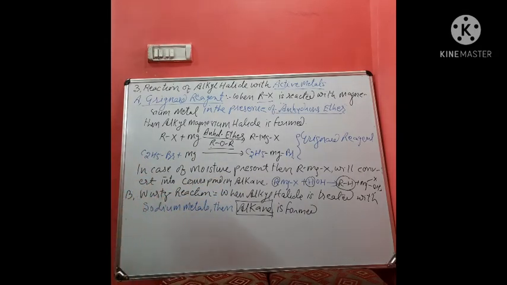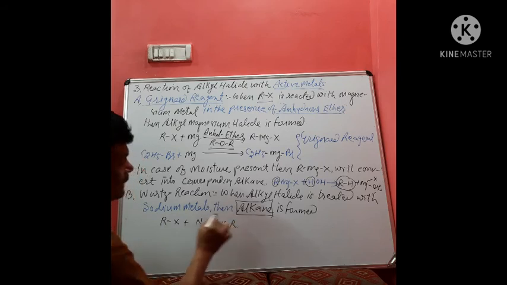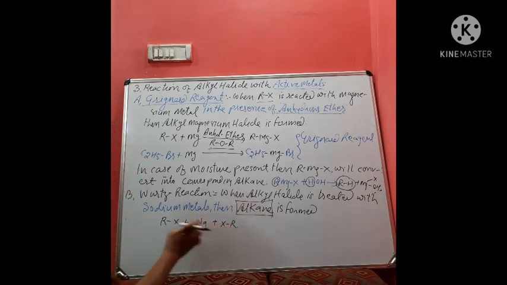Remember, just 2 months before we have studied about it. You have to take it like homework, and you have to prepare detailed notes on Wurtz reaction. I am explaining the reaction: when alkyl halide is reacted with sodium metal, I told you earlier, there should be 2 molecules of alkyl halide, and these 2 molecules must be of similar alkyl group.